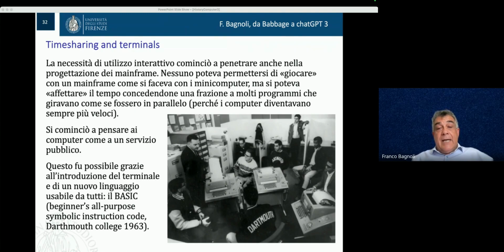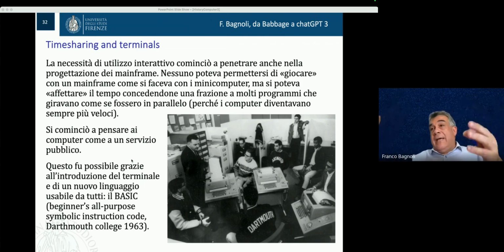So clearly, this first of all allowed the introduction of, say, student languages like BASIC. BASIC, I mean Beginners' All-purpose Symbolic Instruction Code, which was invented not by chance at Dartmouth College, but also computing like a public service, so that you could, they started thinking that you could rent not a computer, but computer time.